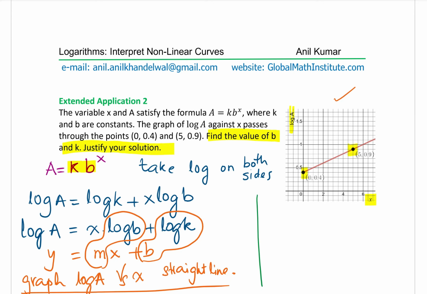So what we have calculated from here, that the gradient m is equal to log of b, and that tells you that b is equal to 10 to the power of m, the gradient. And we also see that log of k is equal to the y-intercept.